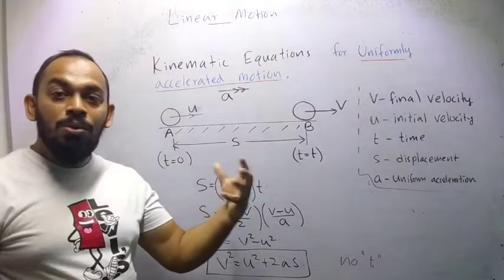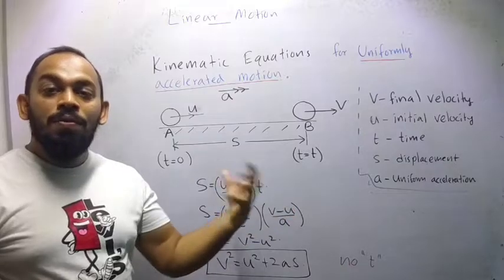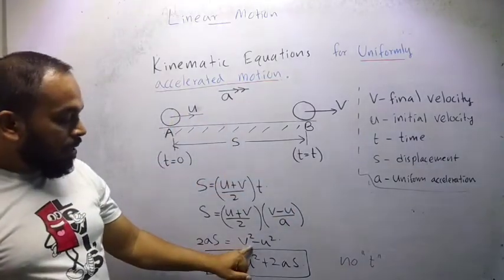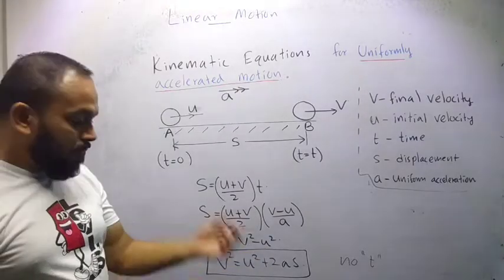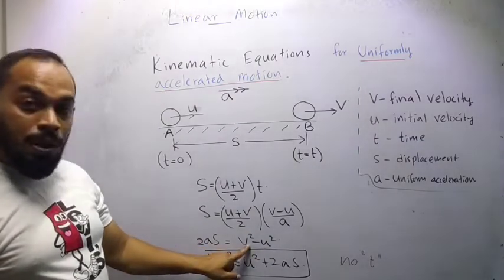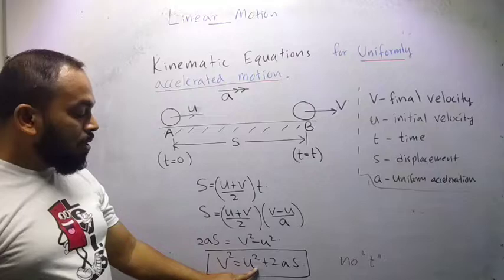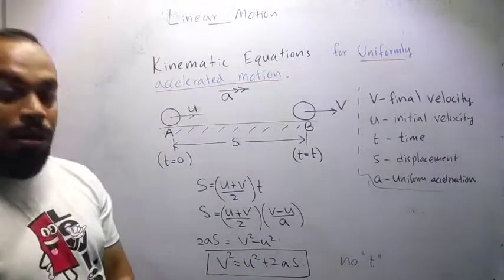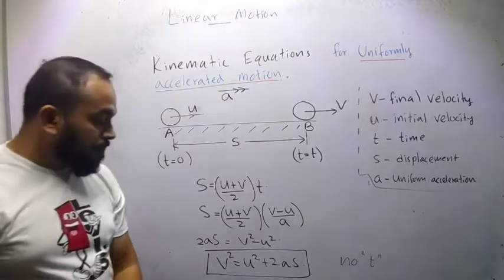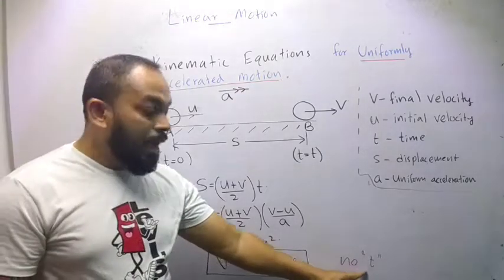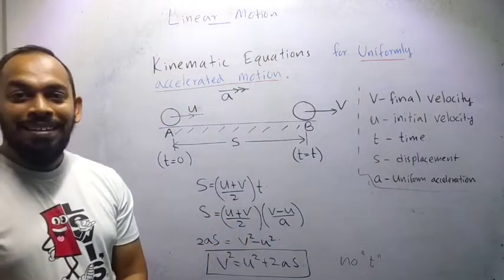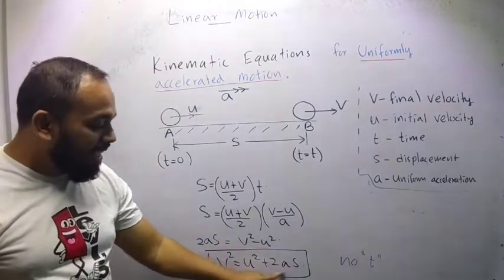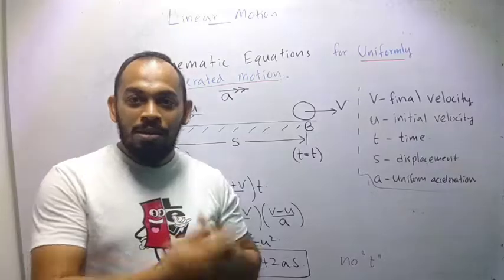That tells you that this is actually the difference of two squares, a plus b into a minus b. So we can write v squared minus u squared. So finally, if we make v squared the subject, then we get v squared equal u squared plus 2as, right? So this is the last equation that you will be using. And notice here that we don't have t in this equation. So these are the 4 equations.